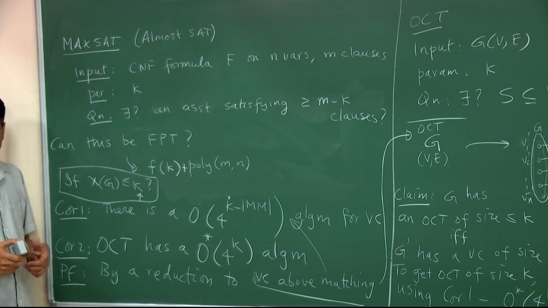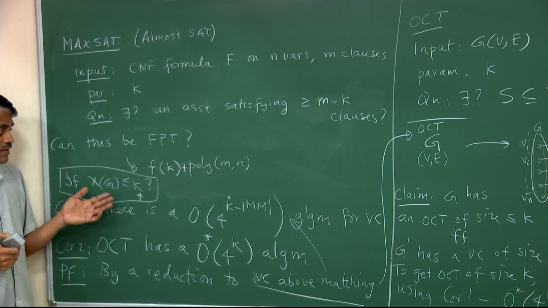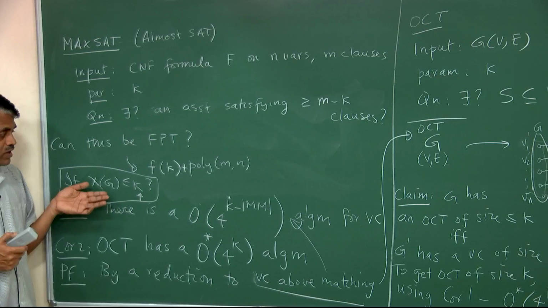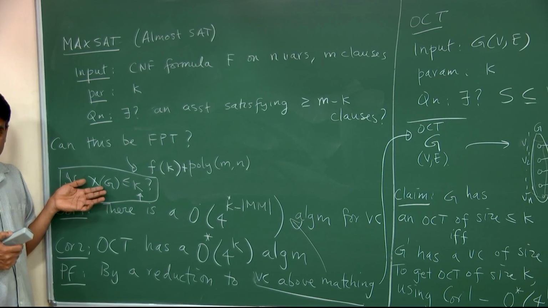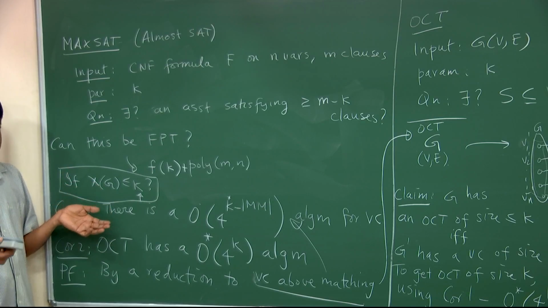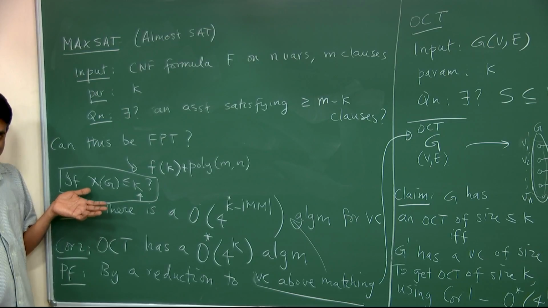Can that have an FPT algorithm? The same kind of an answer, right? Why? Tell me why. When k is 0 or 1, it's polynomial time. We know that. Testing whether chromatic number is 0 or 1 is polynomial time. So it doesn't contradict it.